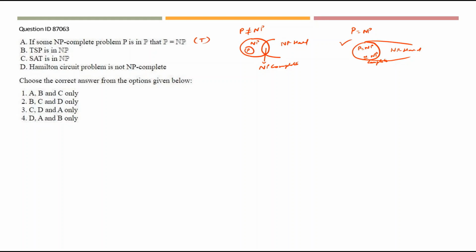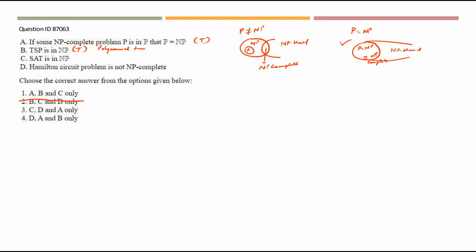So A is true. We can remove option 2. Next, TSP, the traveling salesman problem, is in NP. This is actually true. It is in NP. To check if the total cost of the edges of the tour is minimum, it can be completed in polynomial time. That's why we are marking it to be true. The next statement is that the satisfiability problem is in NP.